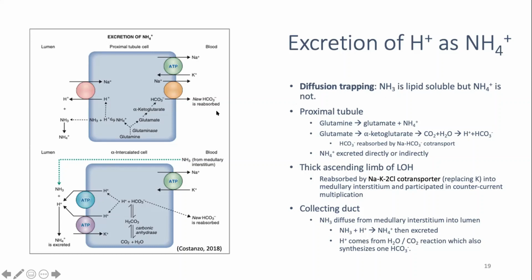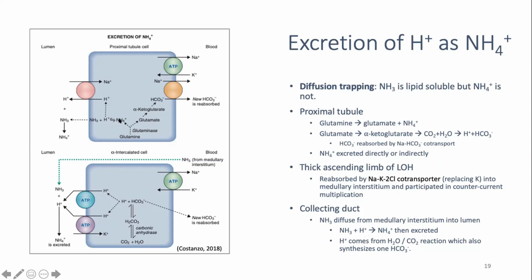So where does this excretion of H+ as ammonium occur? It occurs mainly in the proximal tubule, but the process may continue to occur in the thick ascending limb of the loop of Henle and the collecting duct. But the important one is the proximal tubule. In order to generate this ammonium, it comes from the metabolism of the amino acid glutamine. Glutamine is metabolized by the enzyme glutaminase, which produces one ammonium and one glutamate.